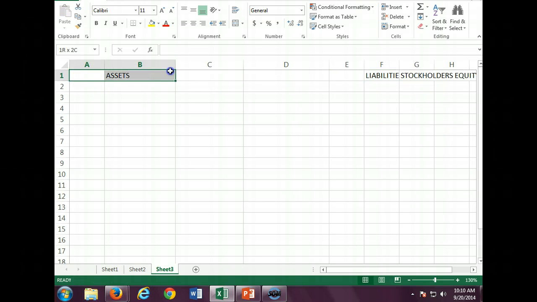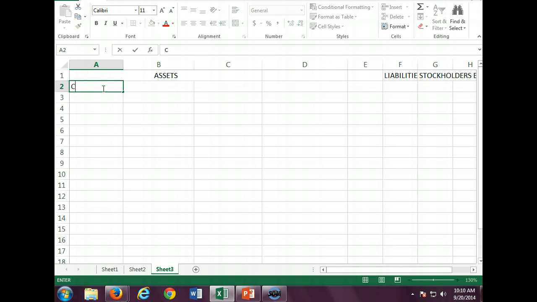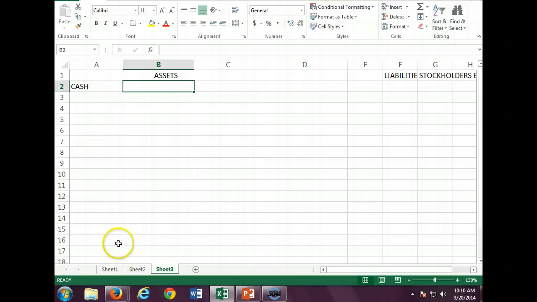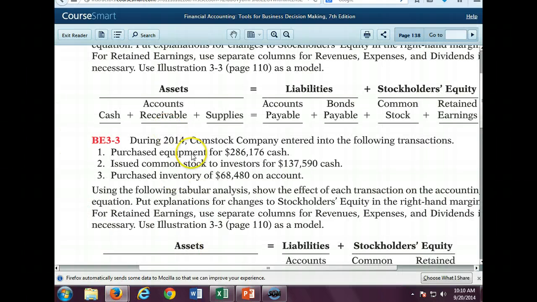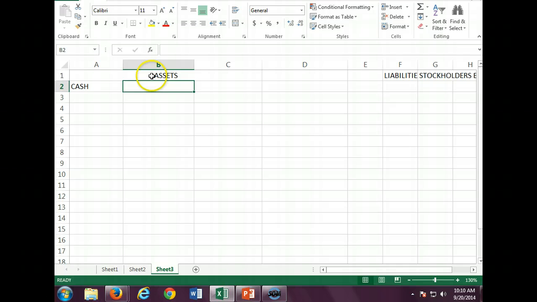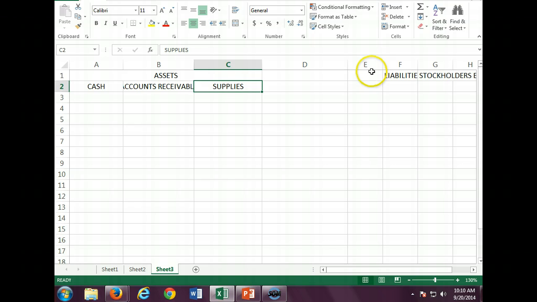my asset section is going to have 3 accounts. What is one? Cash, accounts receivable and supplies, okay? My liabilities section is going to have what?